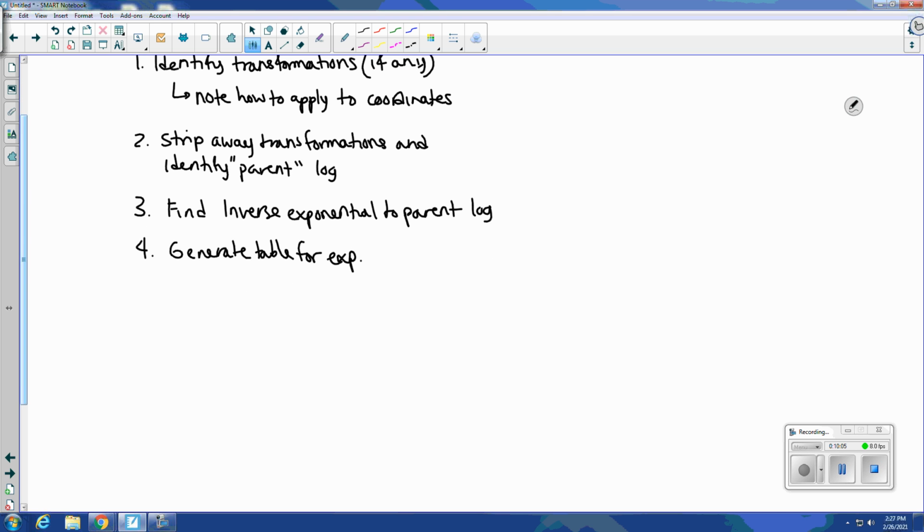So generate a table for the exponential, and then generate the table for the parent log by just swapping the x and y coordinates.